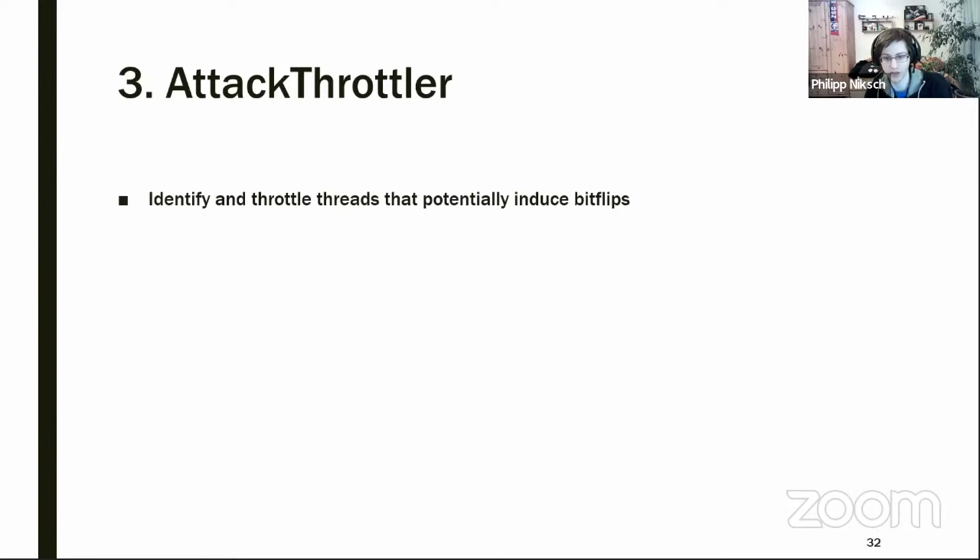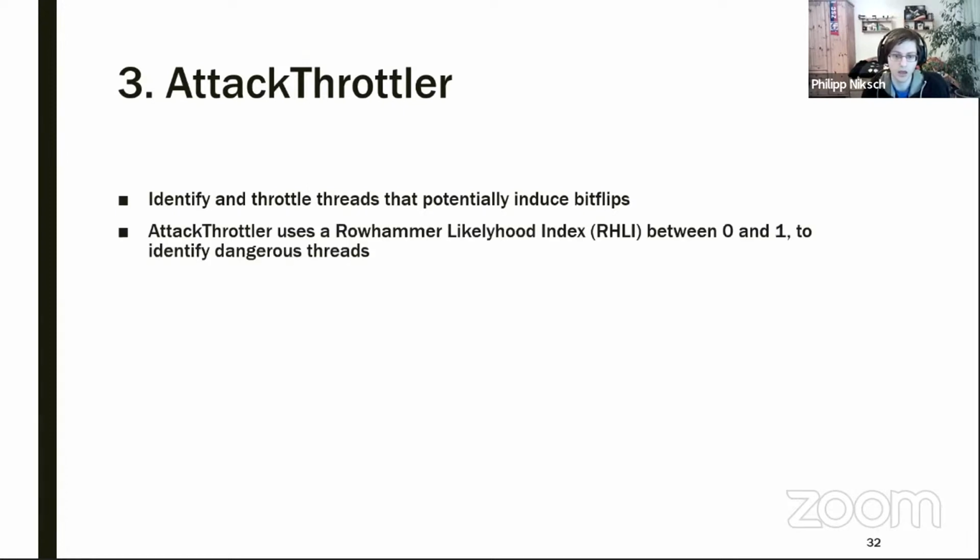This will prevent a RowHammer attack from using up most of the available memory bandwidth. In order to identify potentially dangerous threats, the AttackThrottler uses a RowHammer likelihood index between 0 and 1. This index is proportional to the amount of blacklisted row activations.